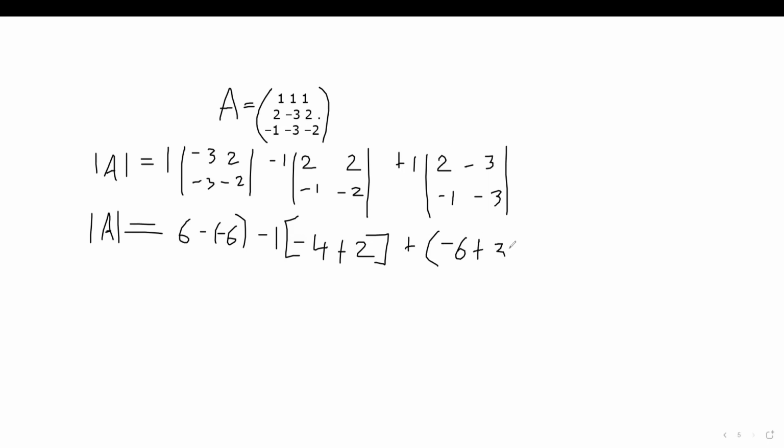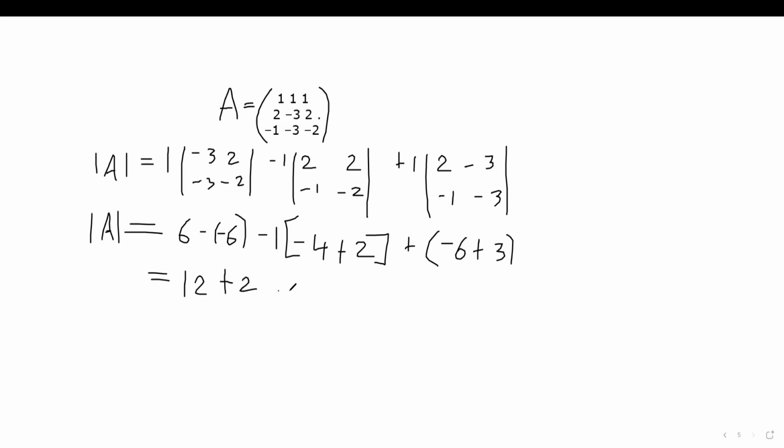Then I just need to add. It really comes down to adding now. So 6 minus minus 6, that's 12. Then I have minus 4 plus 2, that's minus 2. And minus minus 2, that's plus 2.